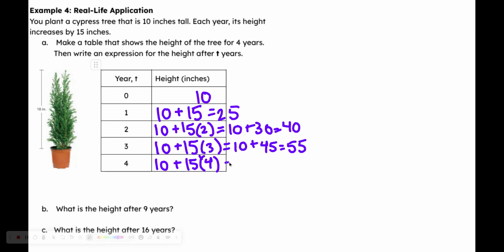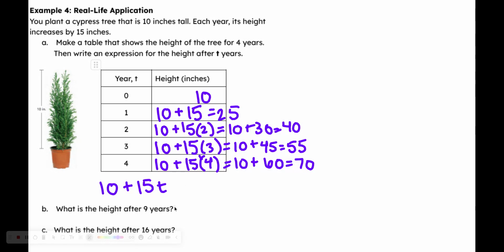And then in year 4, it is 10 plus 60, which is 70. So if I'm writing an expression for the height after T years, I would write it as 10 plus 15 T. So whatever number of years it is, I'm multiplying that times 15.